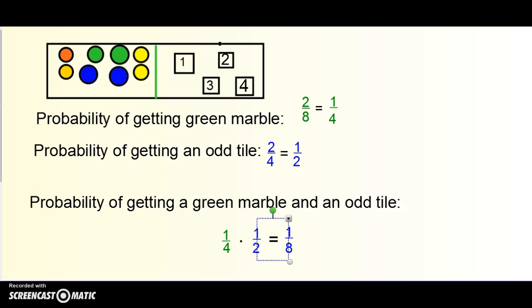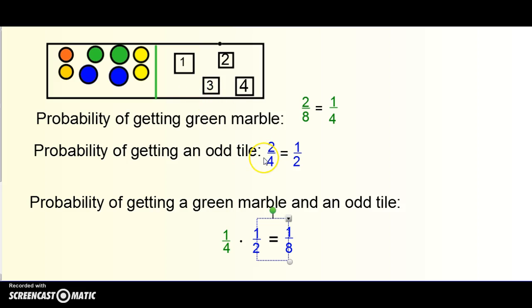Here, the probability of getting a green marble, as you can tell, there are 2 green marbles out of 8. And notice the marbles are not affected by the numbered tiles. So you would just say 2 are green out of 8 in all, and then reduce that to 1/4. The probability of getting an odd tile, there's 1 and 3 are both odds.